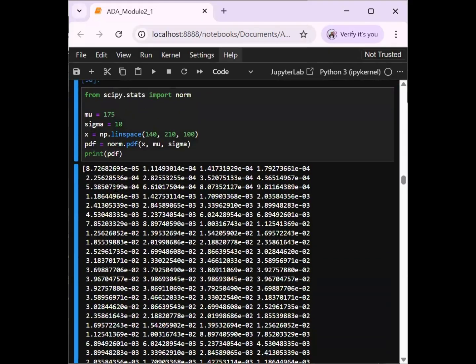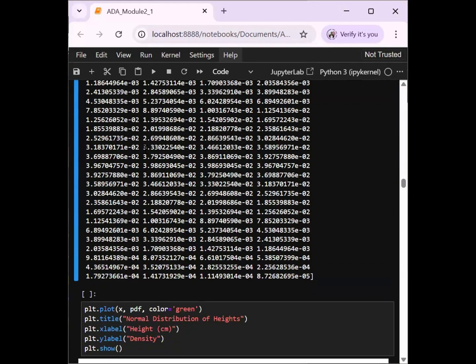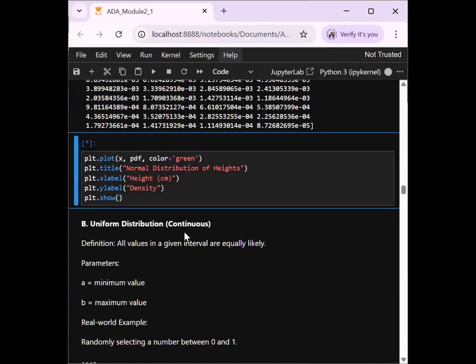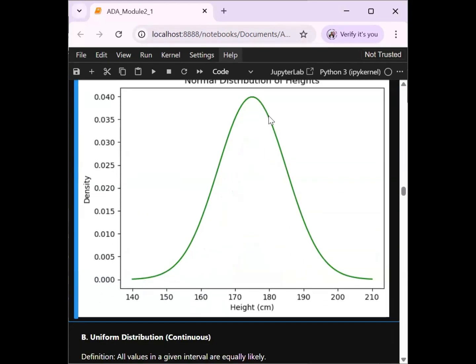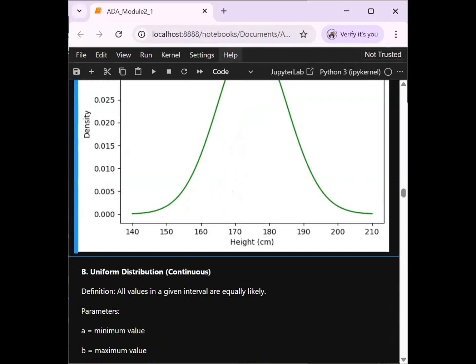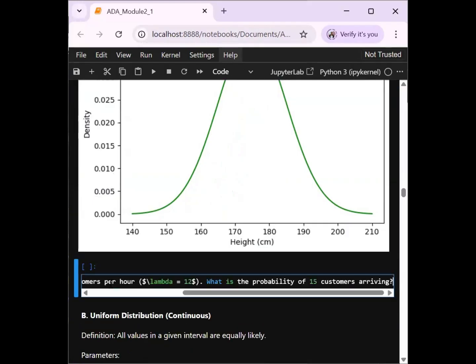We get the probability of having each of these numbers when you run it. When we plot it, we can see that it follows a bell curve, and the standard deviation determines how deviated it is from the mean. Right. So let's look at an example.